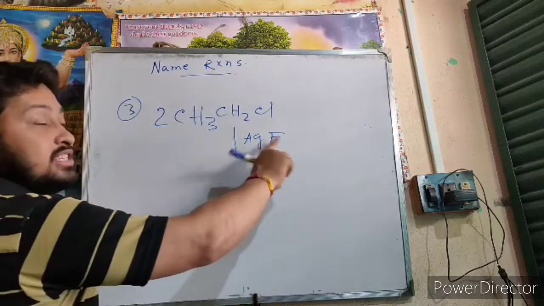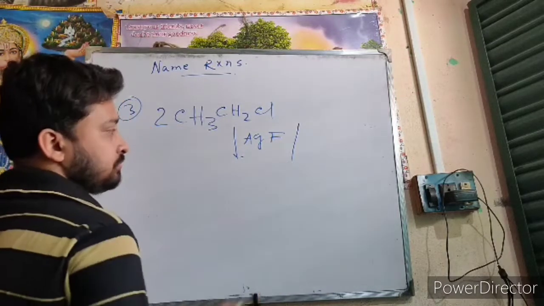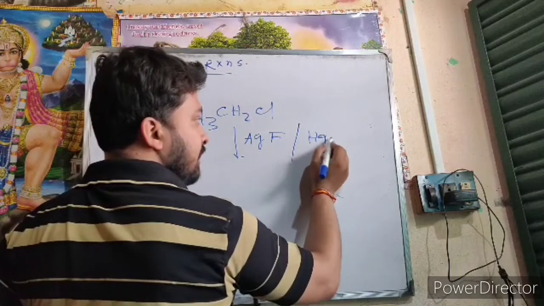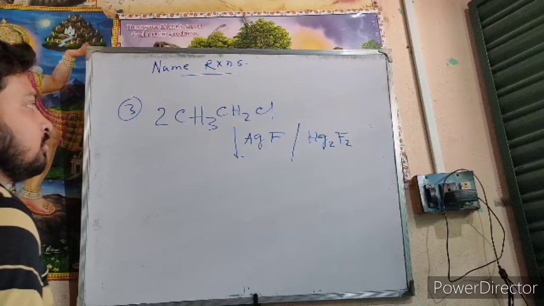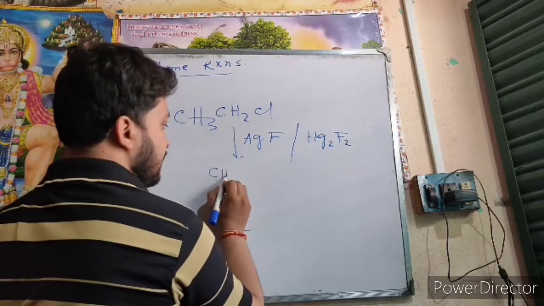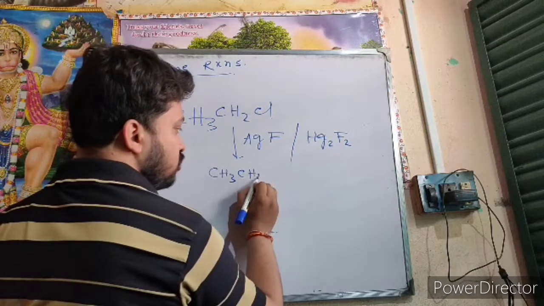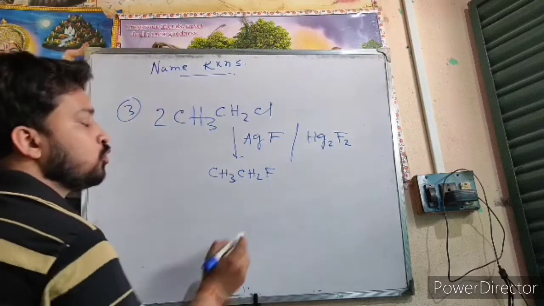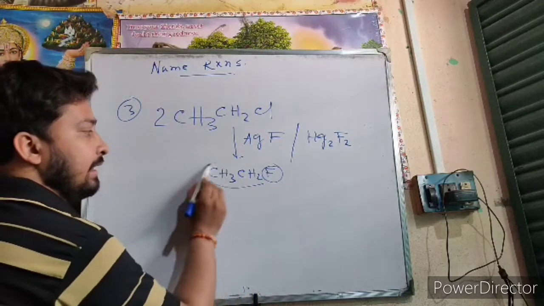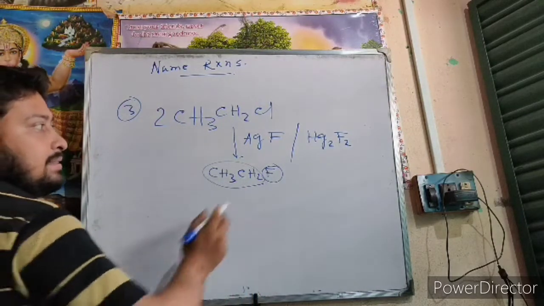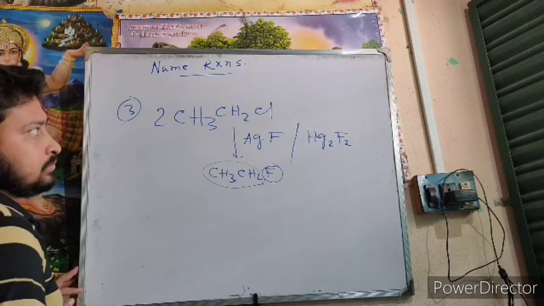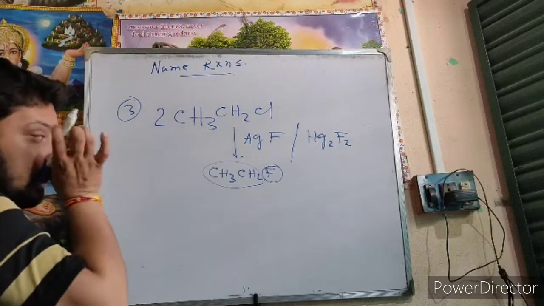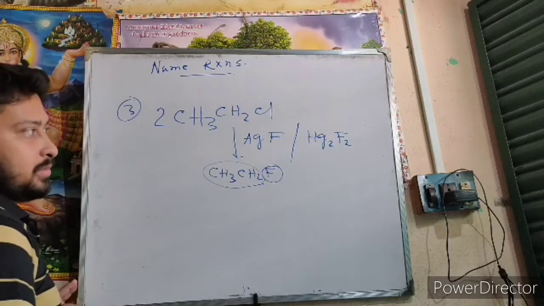It may be AgF, silver fluoride, or AgF2. Then you get CH3CH2F. You can prepare fluoroalkane by this Swarts reaction. So this is the important name reaction, the Swarts method.